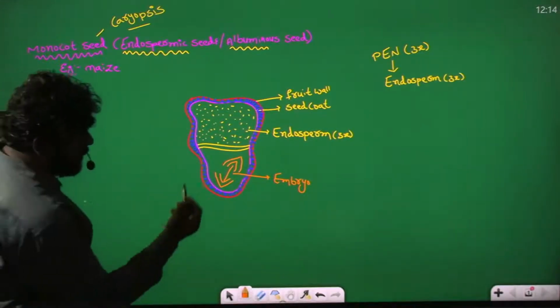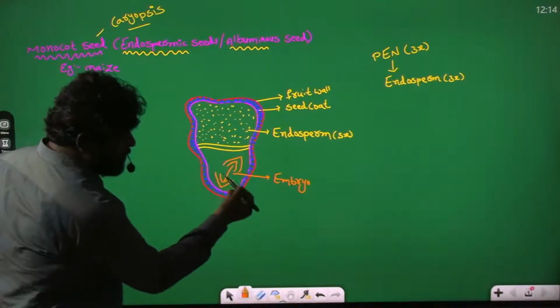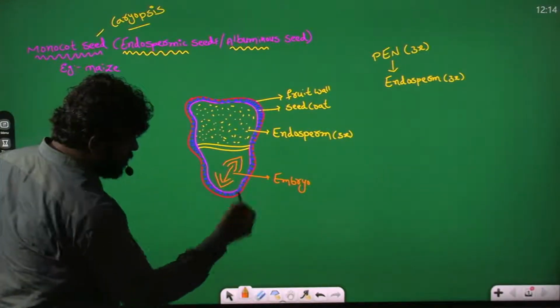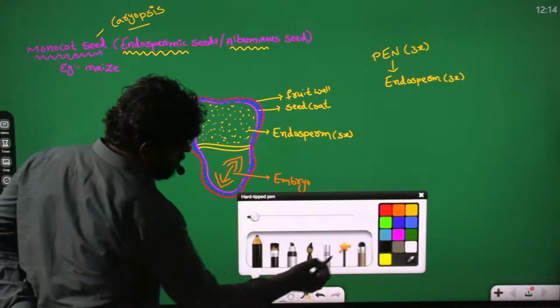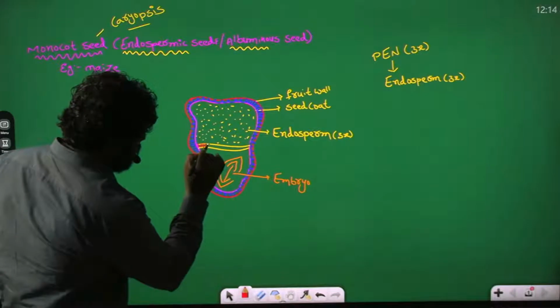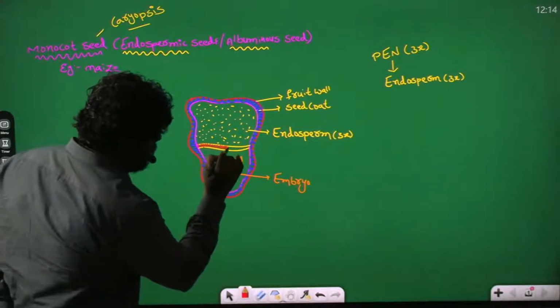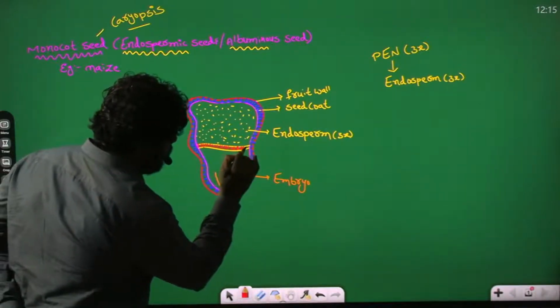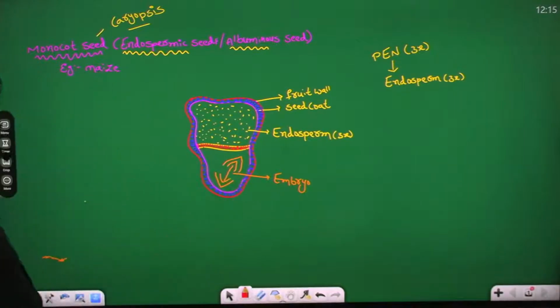And see, this is the endosperm, this is the embryo, both separated by this layer. Endosperm and embryo are both separated by a proteinaceous layer.